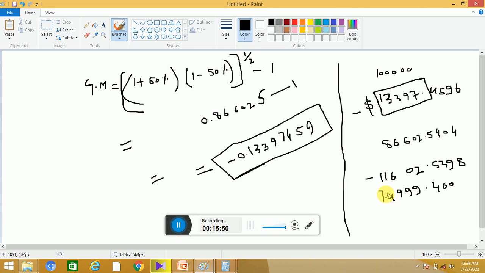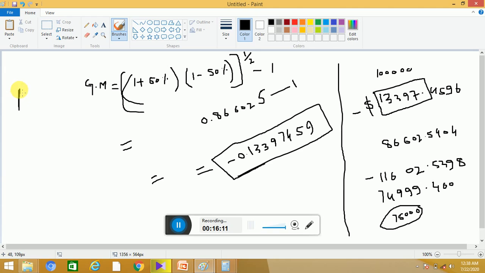So see, it is almost 75,000. Now, check the difference between these two measures.